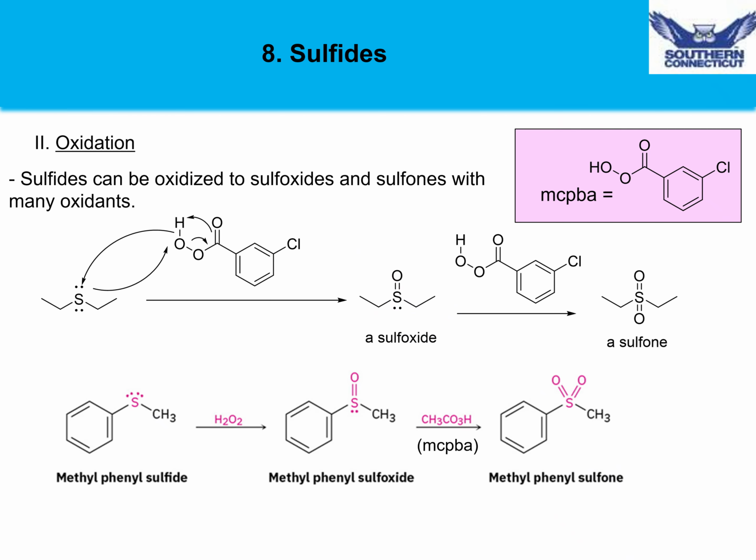Sulfides can be oxidized by mild oxidizing agents such as MCPBA or hydrogen peroxide. For example, if we use one equivalent of MCPBA, we can convert a sulfide into a sulfoxide.